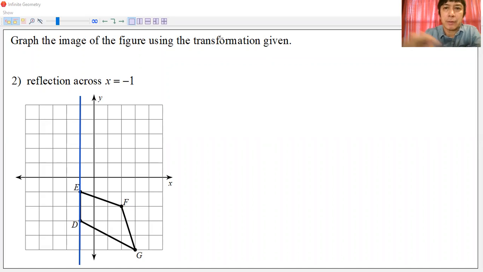Now, let's have our formula. All right, our formula. If again your line of reflection is vertical, then the x numbers will change. So the rule is xy.